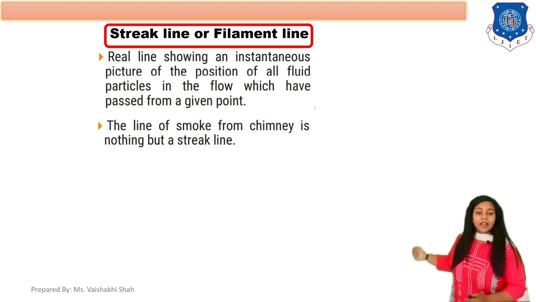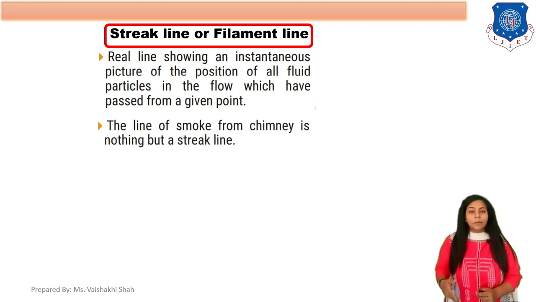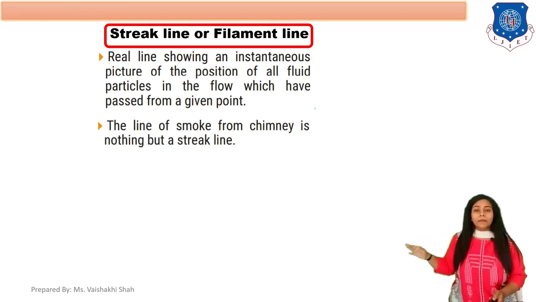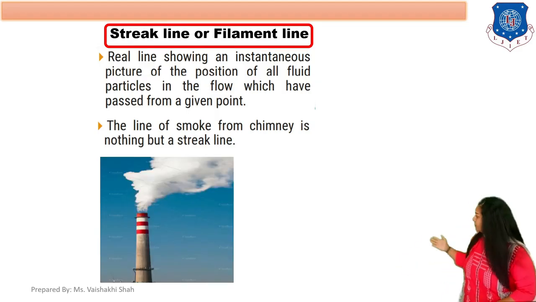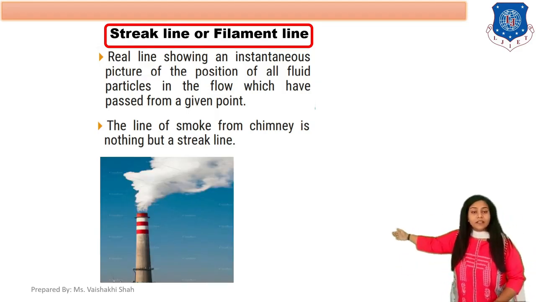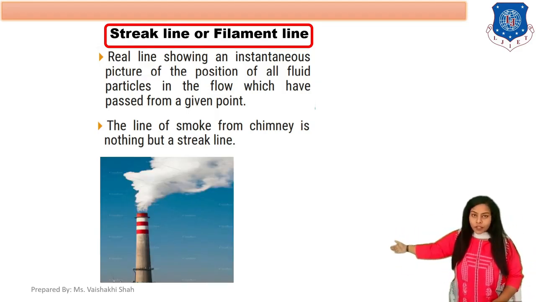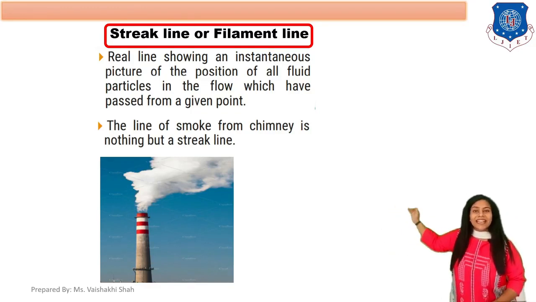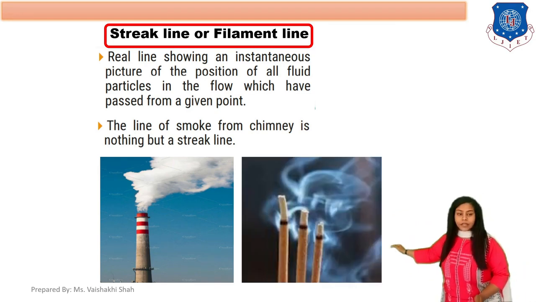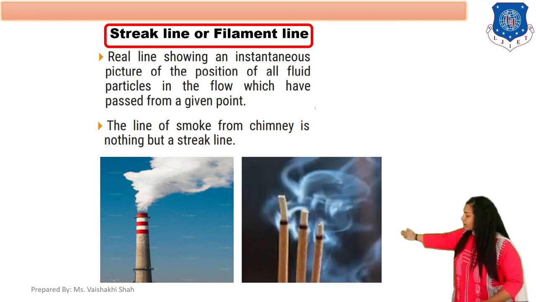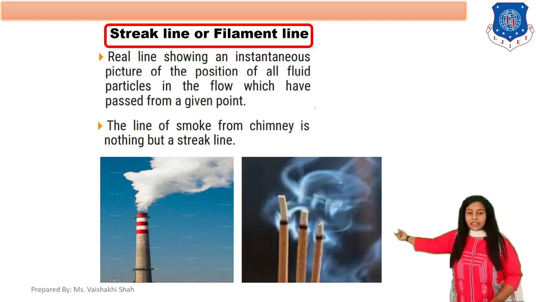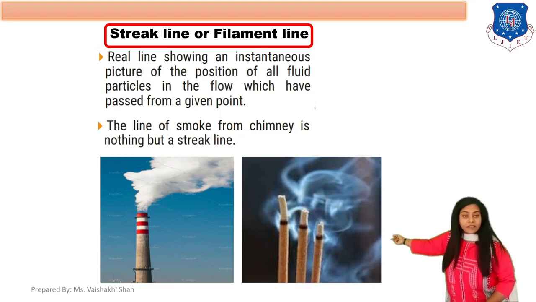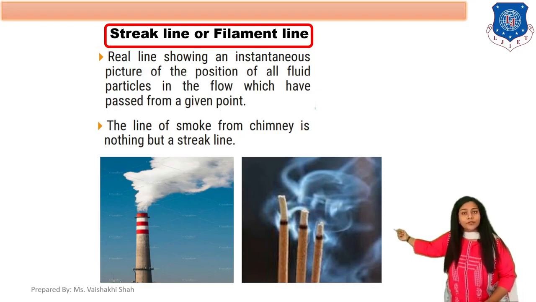Smoke from a chimney is an example of a streak line: the movement of the smoke particles coming out of the chimney. Gases are another example of a streak line.